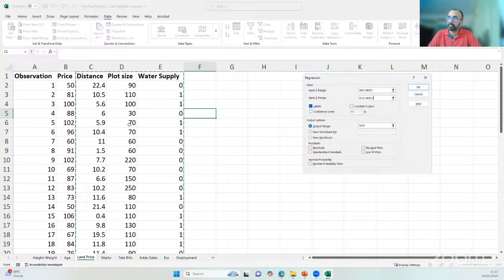That is a requirement. Where should I get this output? I will just select some place here. I have put a tick on Labels because my data contains labels. Things are okay. I click OK.